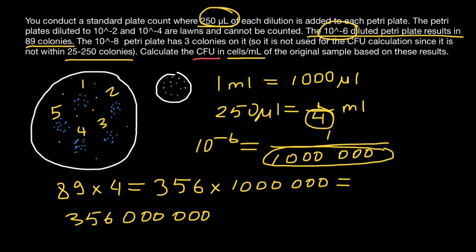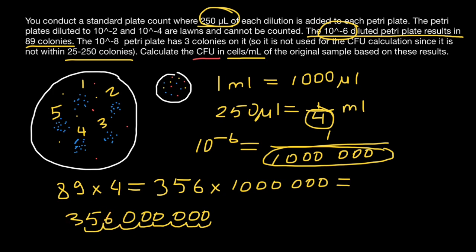But usually we don't give such an answer. Usually 356 million we convert into scientific notation. Imagine that we have a decimal point here because this is a whole number. We have to move this decimal point to the left 1, 2, 3, 4, 5, 6, 7, 8 places. Why 8 places and not 7 or 6?